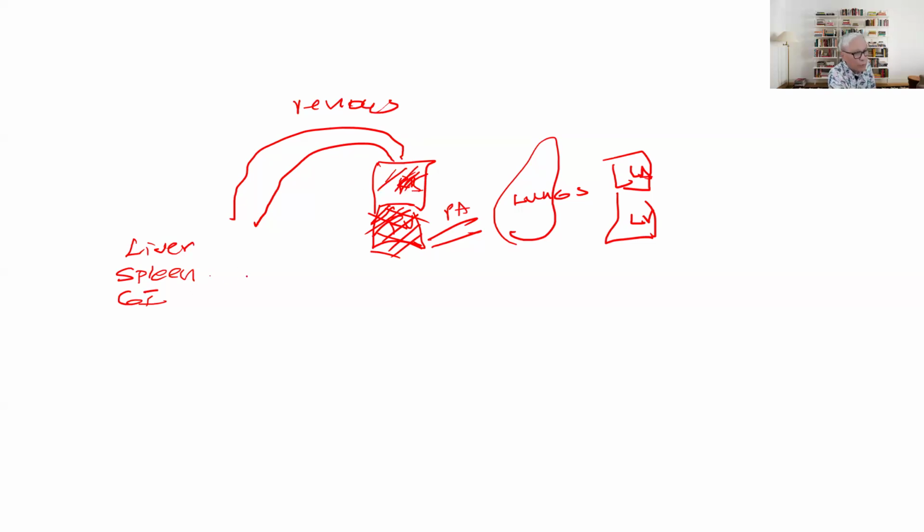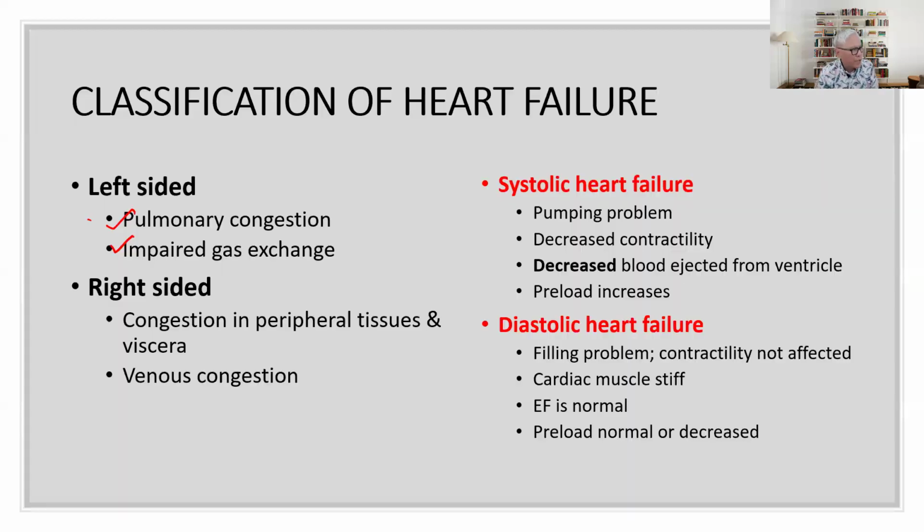So you're going to have peripheral edema, enlargement of the liver, which is known as hepatomegaly, enlargement of the spleen, which is called splenomegaly, and congestion in the GI tract would be manifested as ascites. Okay, so those are the symptoms that are going to accompany right-sided heart failure. There's going to be congestion in the peripheral tissues, and it leads to venous congestion.